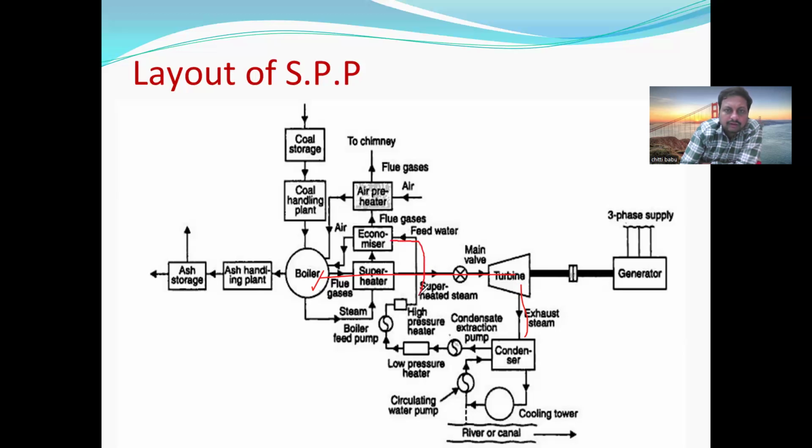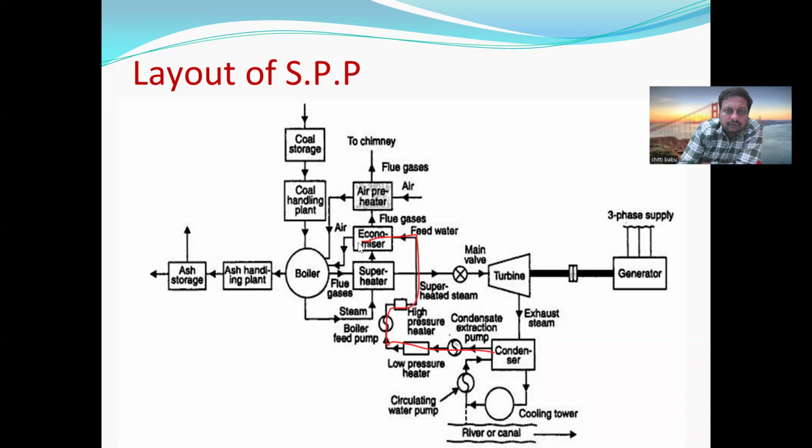Again the water from this cooling tower goes to the economizer and then to the boiler. The feed water is given to the economizer, then from the economizer to the boiler.